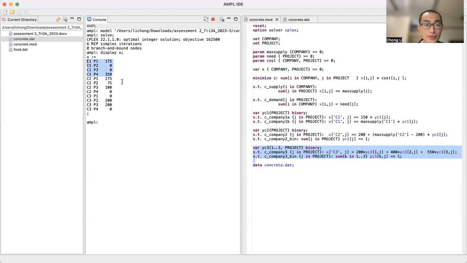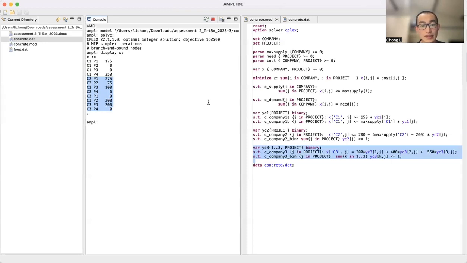Company 3 supplies concrete to project 2 and project 3 at 200 units each, and no concrete to project 1 for now.